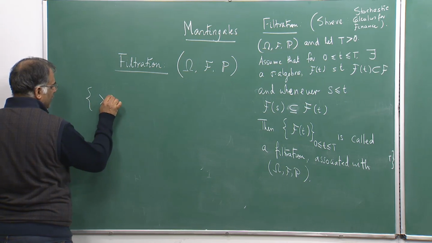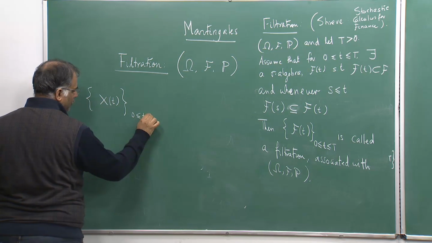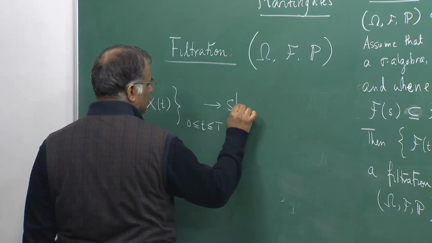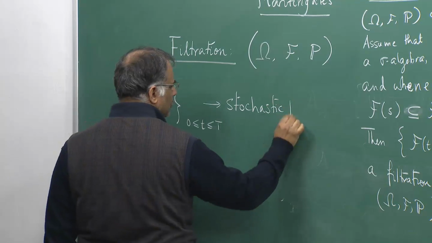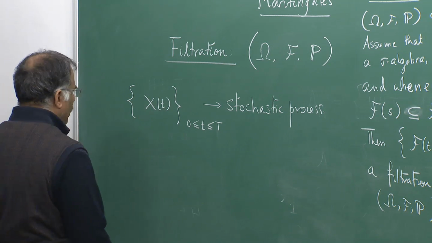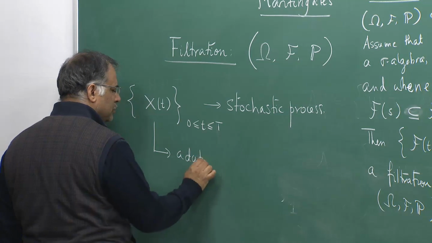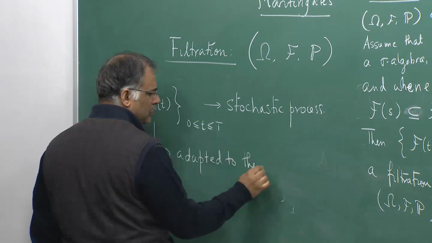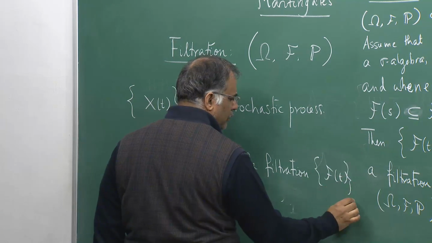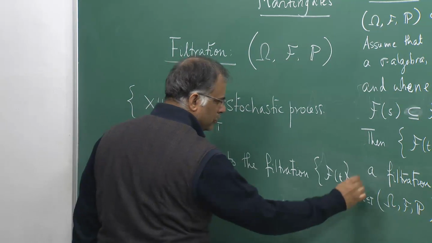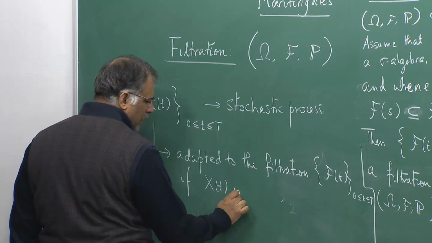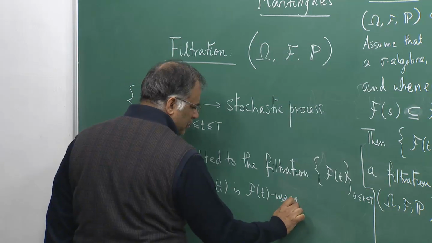Given a stochastic process Xt, say of this form, we say that this Xt is adapted to the filtration Ft if Xt is Ft measurable.